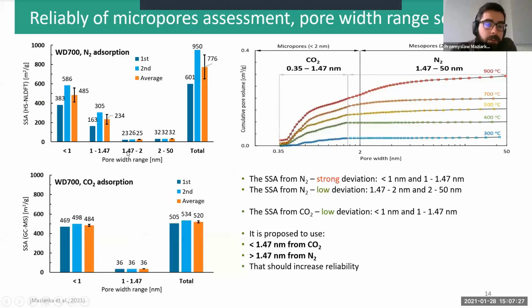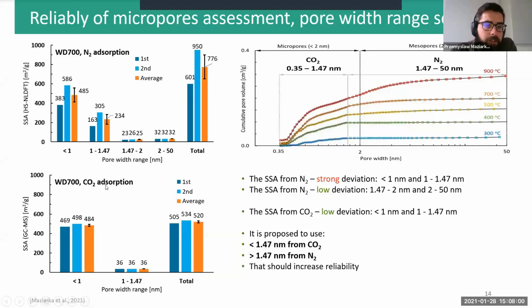However, when we increase the pore size above 1.47, the deviation between the results is relatively small. If we only use the nitrogen data for calculating the specific surface area, we can observe that between the first and the second measurement the deviation is very strong. It is caused mostly by this micropore region, so more or less the region where the pore deformation can occur.